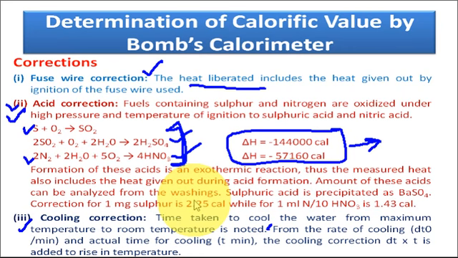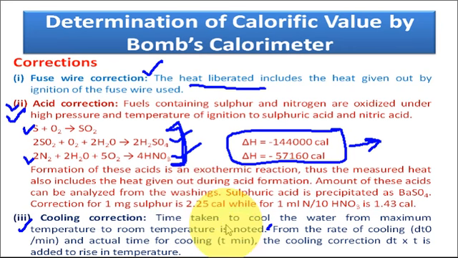During this cooling process some heat loss occurs. So we must include this heat loss in the correction, because this heat loss is from the combustion energy. Therefore this cooling correction must be added to the temperature.